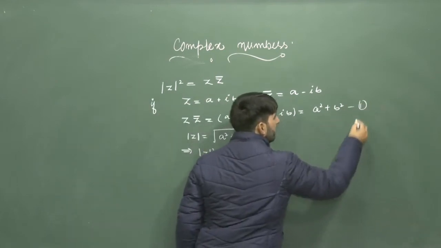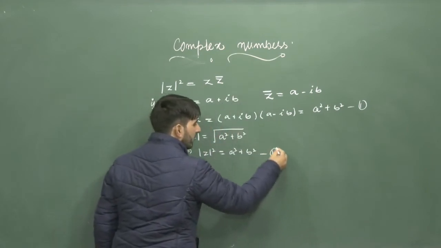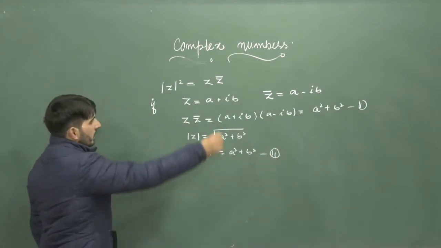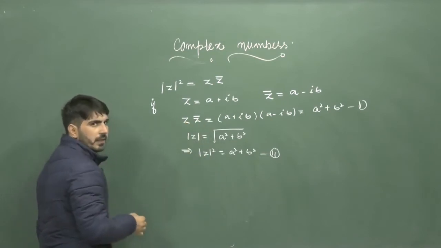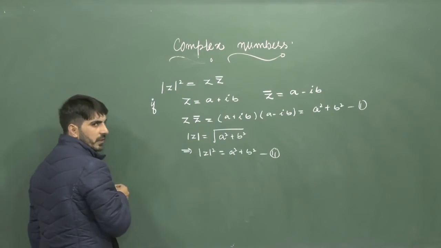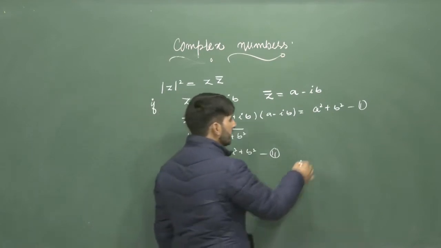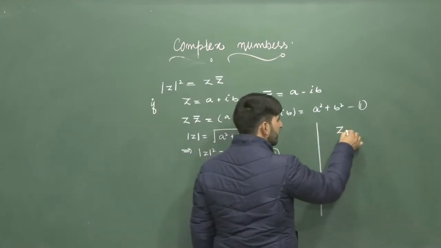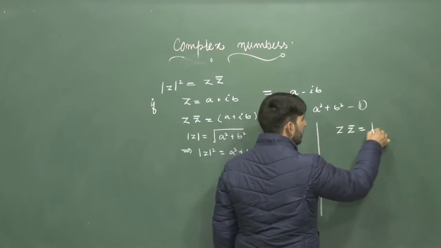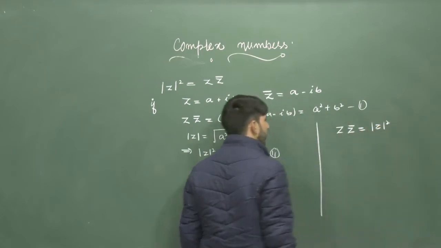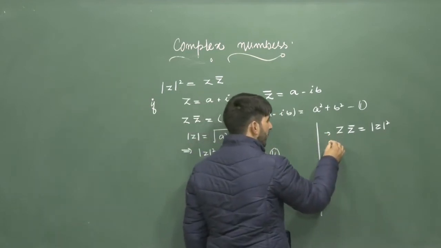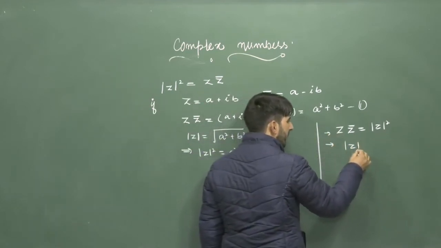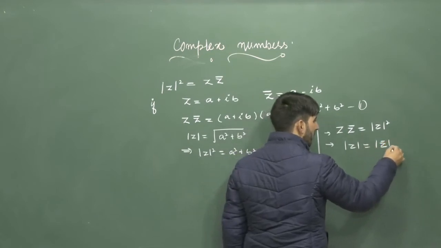So this is the first and this is second. Looking at first and second, z into z bar is equal to modulus of z square. So sometimes we may write z into z bar is equal to modulus of z square. And also remember this point: modulus of z is equal to modulus of z bar.